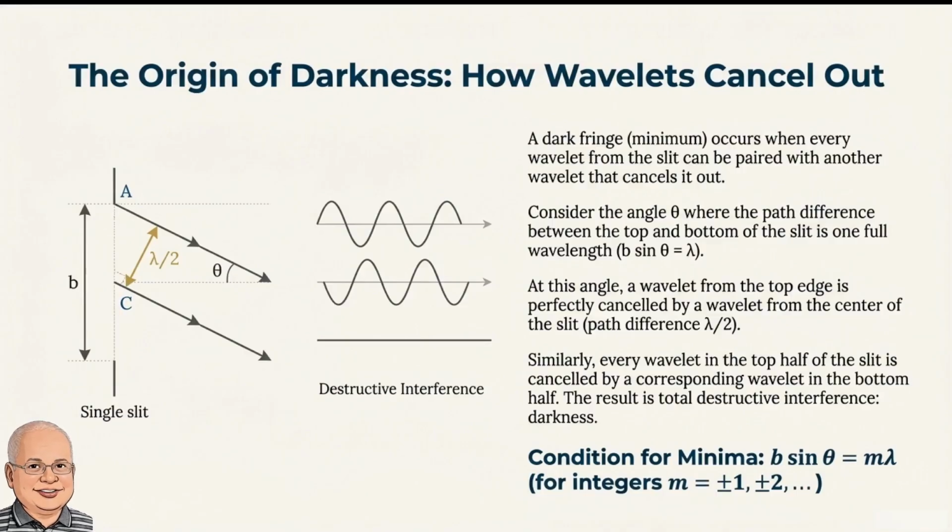Suppose the top one has amplitude plus A, then the bottom one will have minus A. So plus A plus minus A is equal to 0. That creates destructive interference, a destructive superposition of two waves. The waves cancel each other, giving us a dark region. So darkness is coming from this.